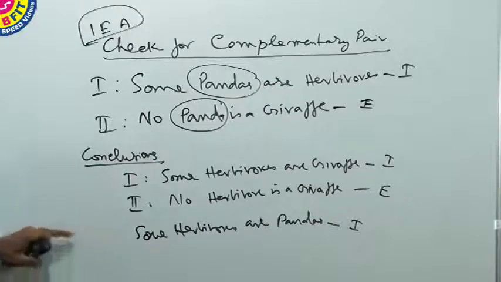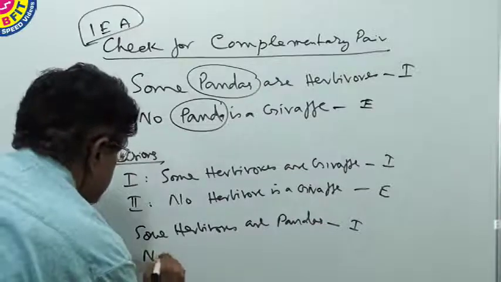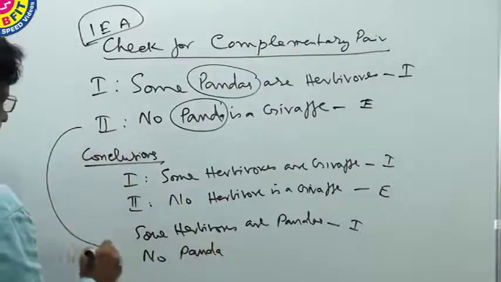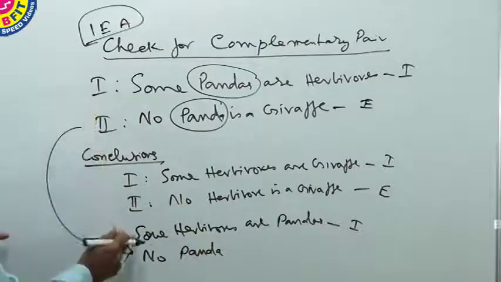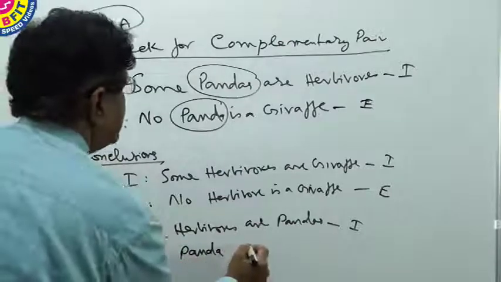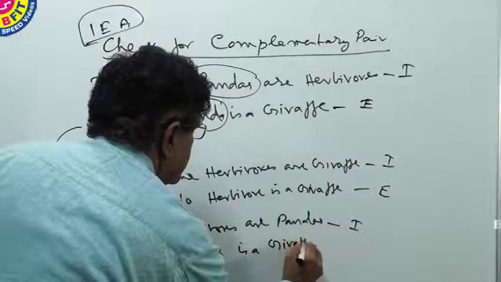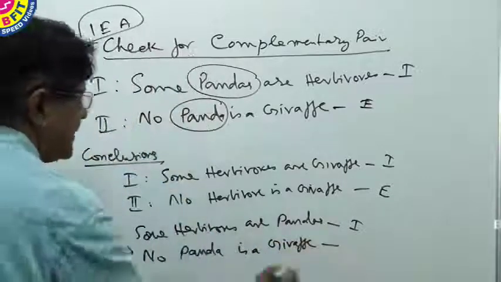No panda is a giraffe. I am simply writing this statement here. This is the first statement converted. No panda is a giraffe, E type.